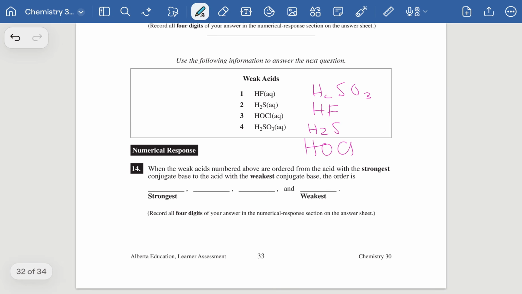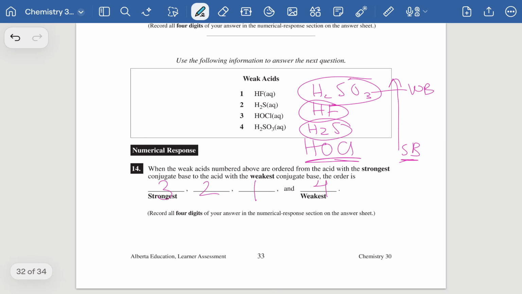So this is our order of acids. If you had the bases listed, its strongest base, and then as you go up the table, its weakest. So your strongest conjugate base would be the base of HOCl, so number 3, and then we just keep going, number 2, number 1, and then lastly, number 4. So this top one would have the weakest base. So just taking a look at what's there and then ordering it.